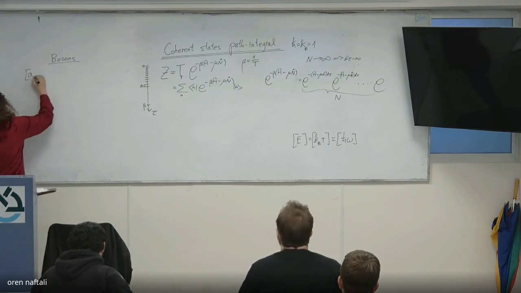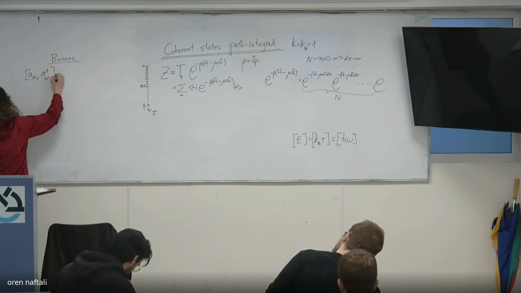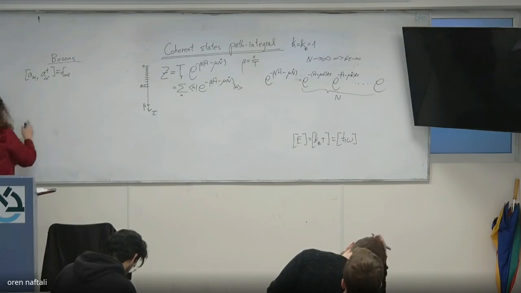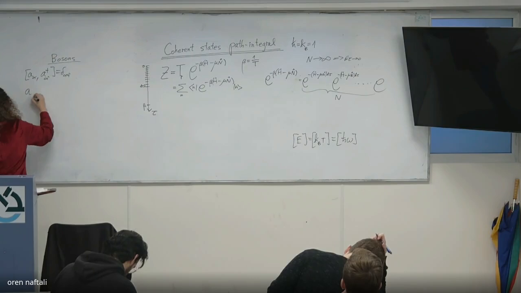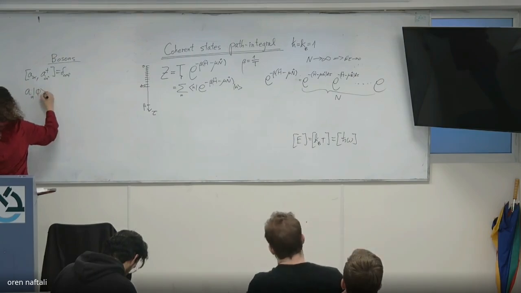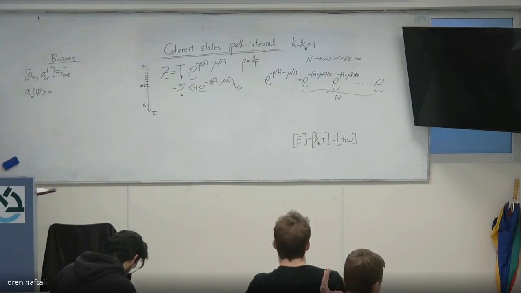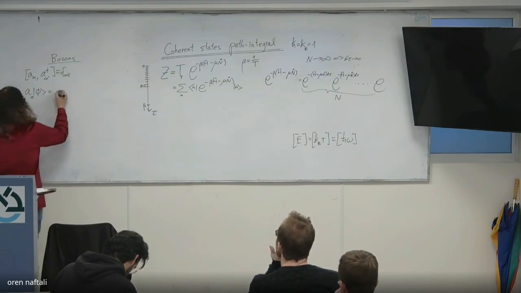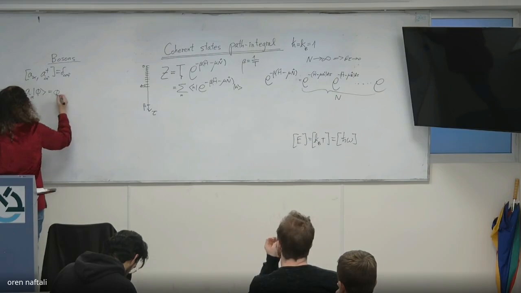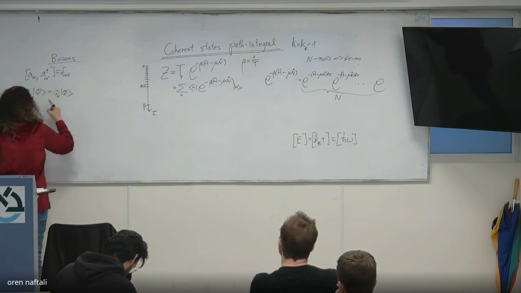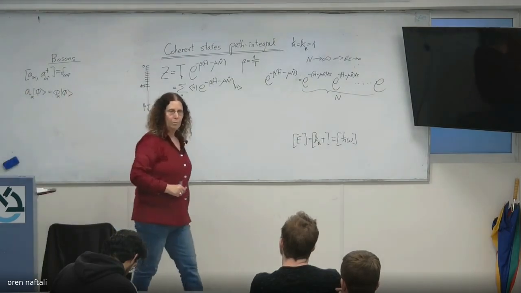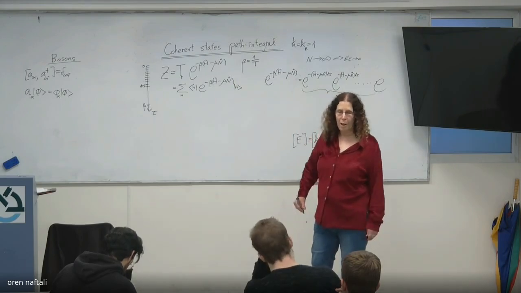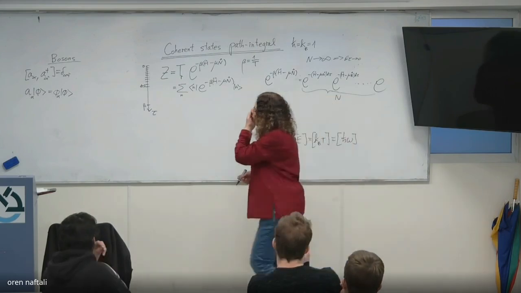First of all, I just remind you of the commutators between the operators, and we define a coherent state phi to be such that it's an eigenstate of a_alpha for any alpha with an eigenvalue that we denote by phi_alpha, and it has to be a complex number, because a is not a Hermitian operator, and therefore its eigenvalues are complex numbers.